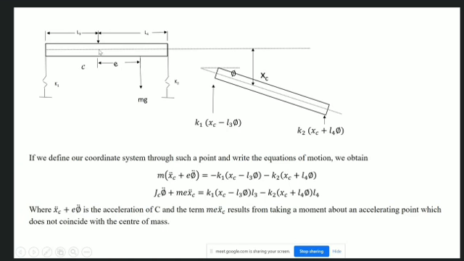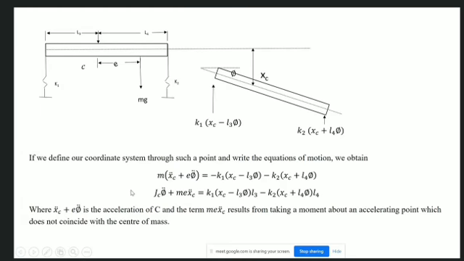Then our coordinate system is having the origin at this particular point. And in terms of that, if we try to write down the equation, you are seeing that these will be the two forces, and the D'Alembert's force will also be there here.